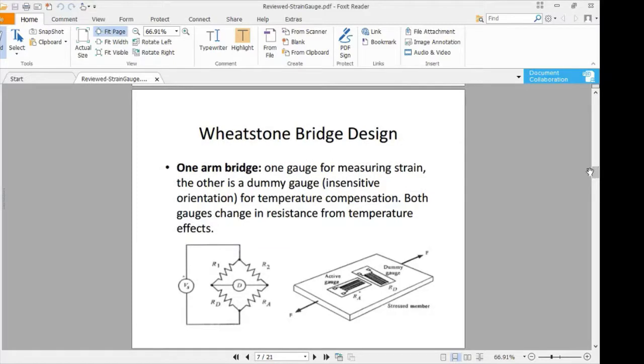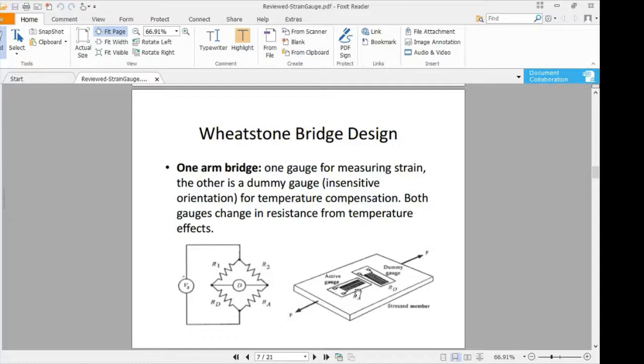A Wheatstone bridge can be used in different forms. One common form that is normally used is the one-arm bridge. In such an arrangement, one strain gauge is oriented in the sensitive direction, and this gauge is called an active gauge.